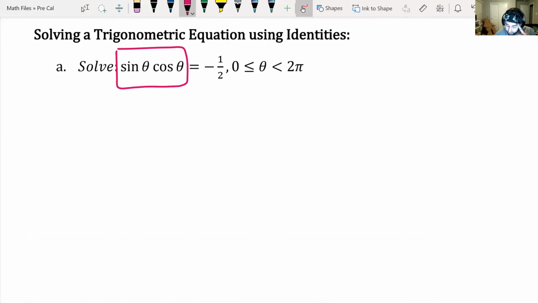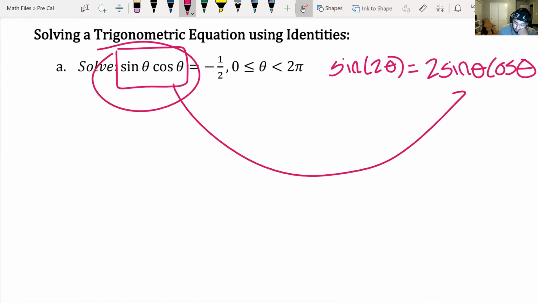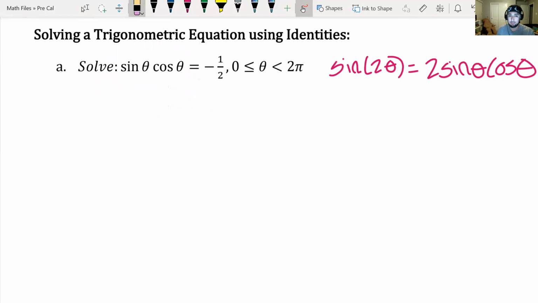We made a formula for two sine theta cosine theta. So our goal is to change this into that. Well, that is the beauty of having an equation.